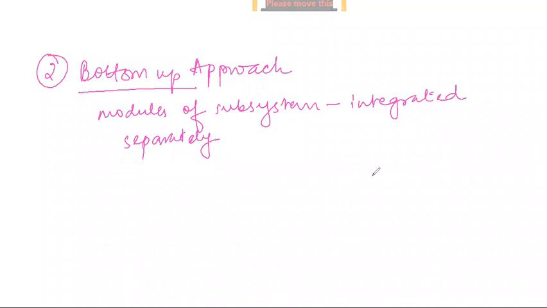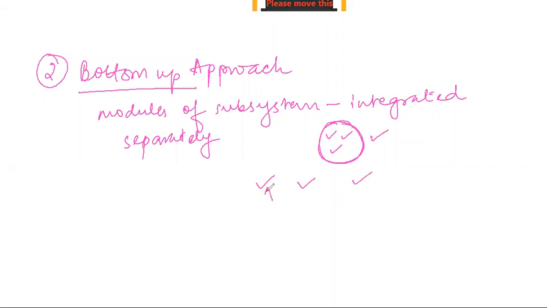Suppose in case of the Big Bang approach, the entire system consists of three subsystems, but the entire system is integration tested at once. But in case of the bottom up approach and also the top down approach, suppose this is one subsystem, this is one subsystem, this is one subsystem.